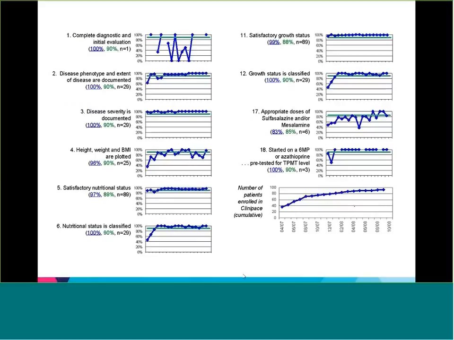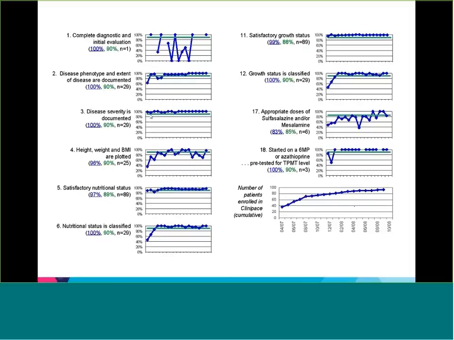And this represents one individual center, not the overall group of all the Improve Care Now centers that are signed up for this. You can see how this center does, and whether or not they had their complete diagnostic evaluation, whether disease severity was appropriately documented.